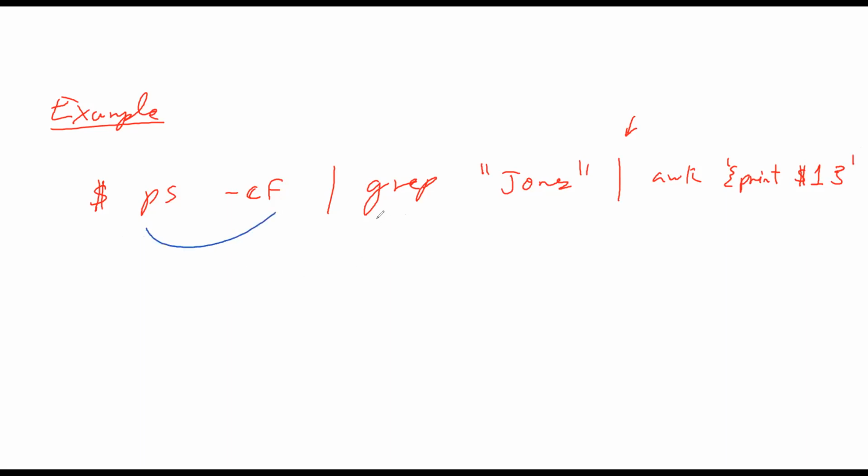That's piped into the grep command. We search, and then the result of that is piped, and to all of the data that we got, we're going to filter it, basically. So this is a type of filter.